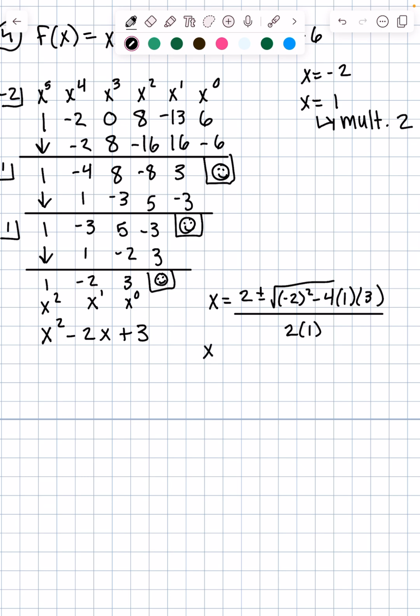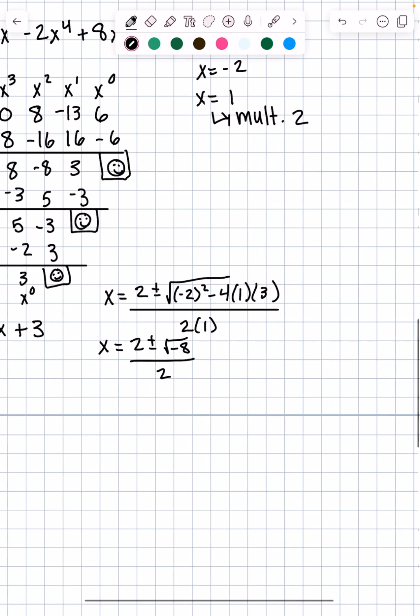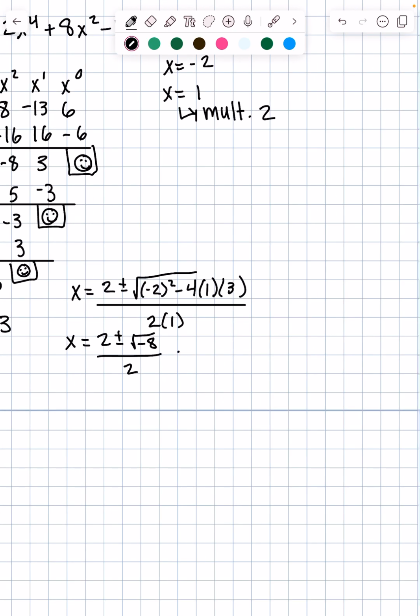Okay, so let's simplify this, hopefully correctly this time. 2 plus or minus the square root of -8 divided by 2. So I'm just going to skip ahead and simplify the square root of 8. So this would be 2 plus or minus 2i root 2 divided by 2. Well, remember, since I have a 2 here and a 2 here, I could factor out a 2 on the outside, and then these 2's would cancel out.